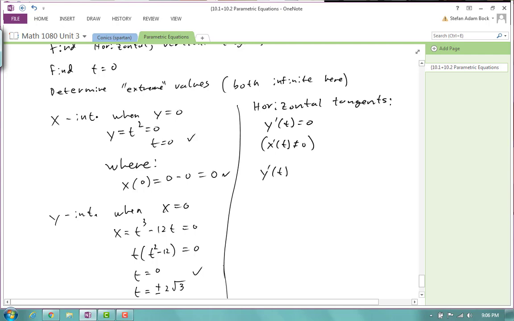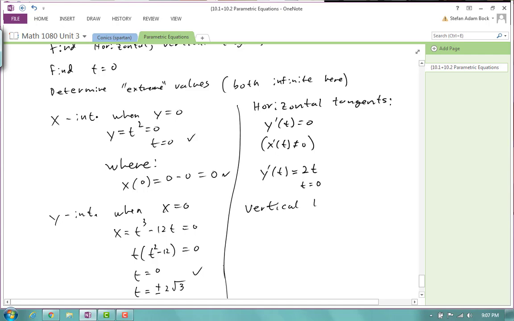Y is equal to t squared, so y prime of t is equal to 2t, which happens when t is equal to 0. So I know that at my origin, at my x and y intercept of (0, 0), I'm going to have a horizontal tangent line, because I already know what happens at t equals 0.